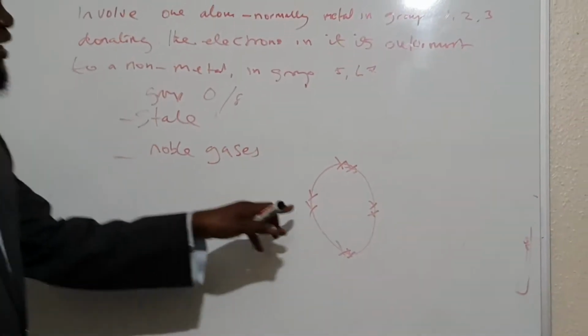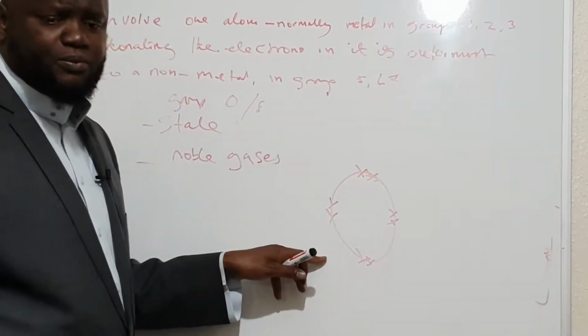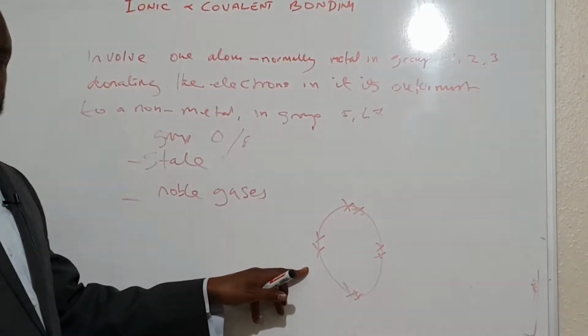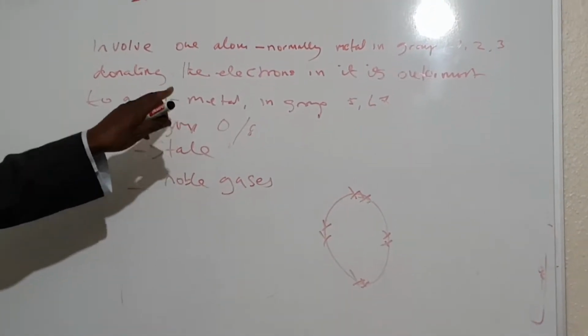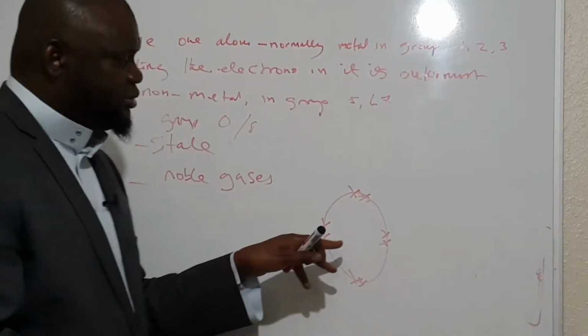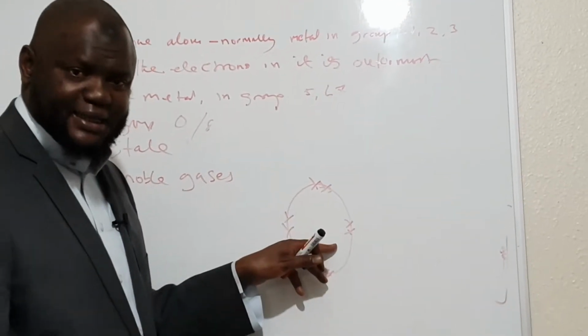So noble gases all have 8 electrons in their outermost cell, so they are all stable.